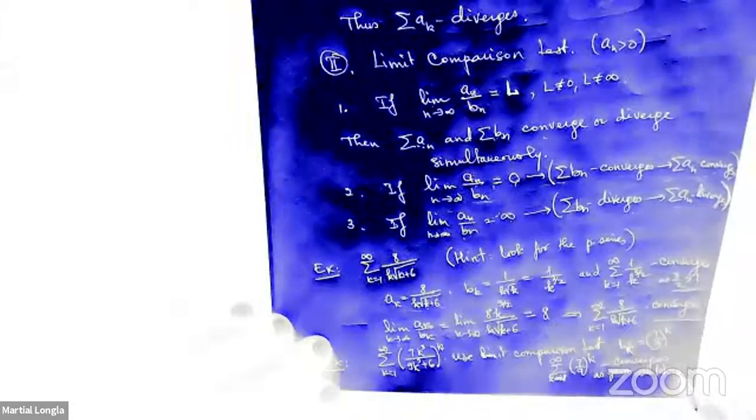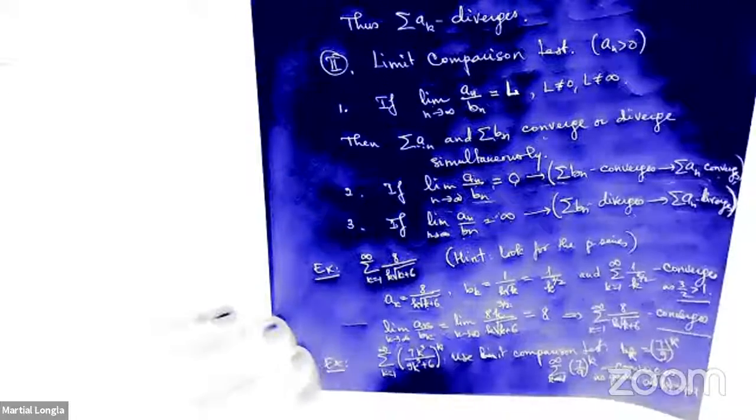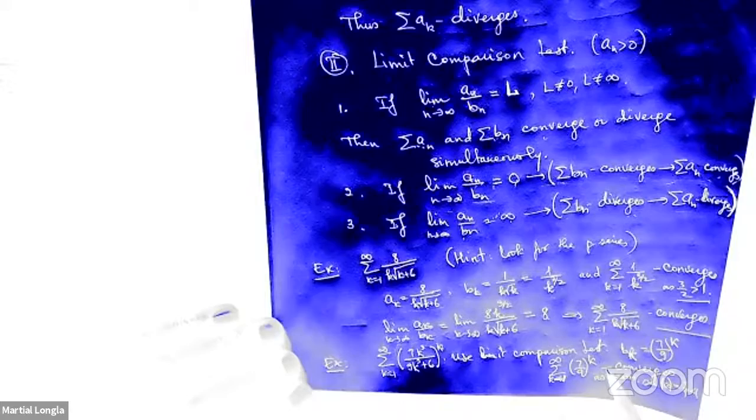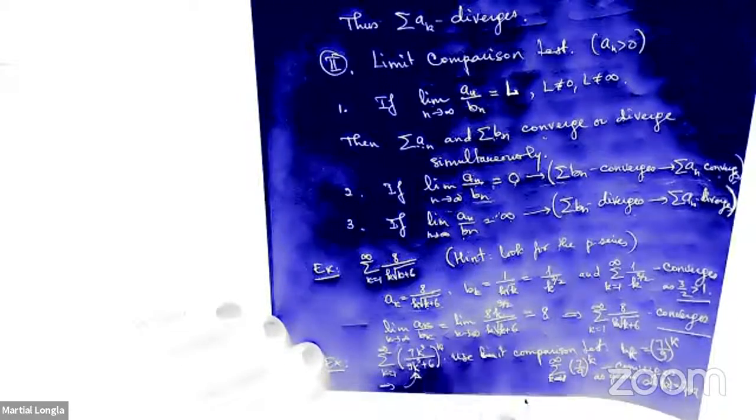It converges. Why? Because it's a geometric series with r less than 1. That's it. Converges. That's a geometric series. Absolute value of r is 7/9, less than 1. So it converges. And thus, this thing here converges.